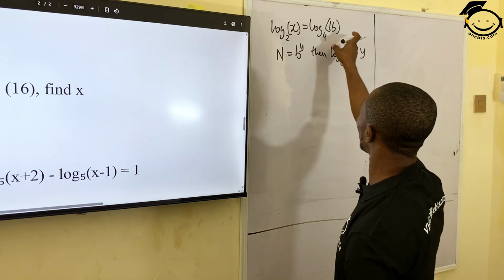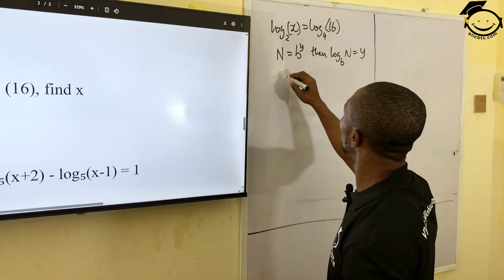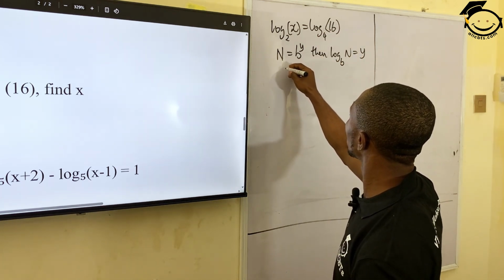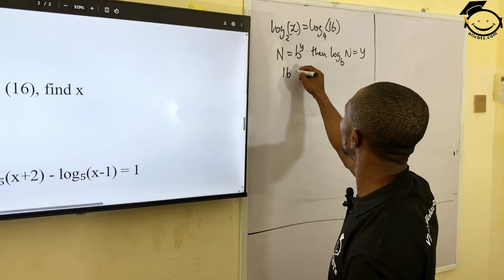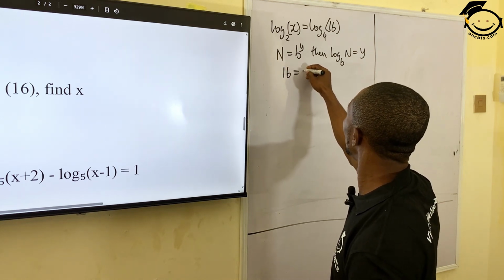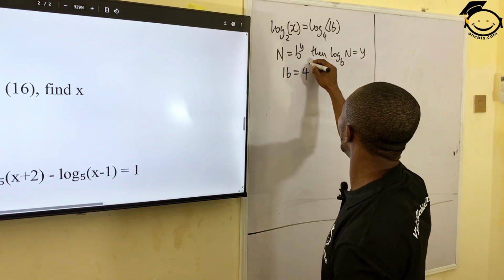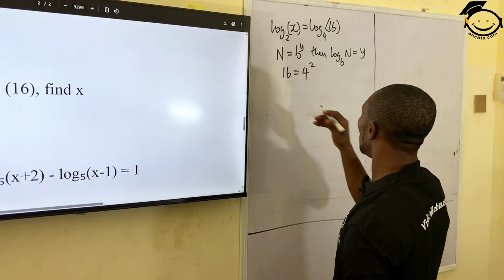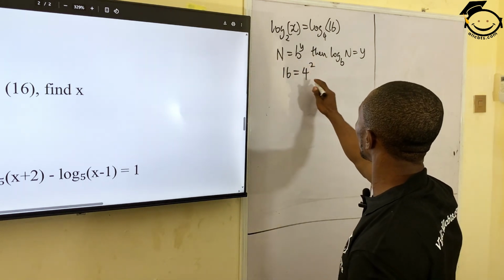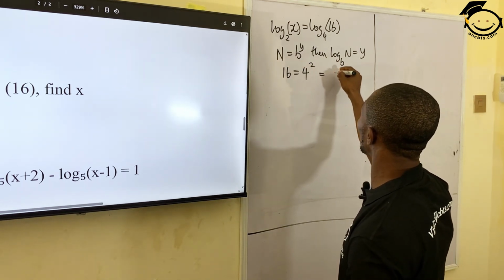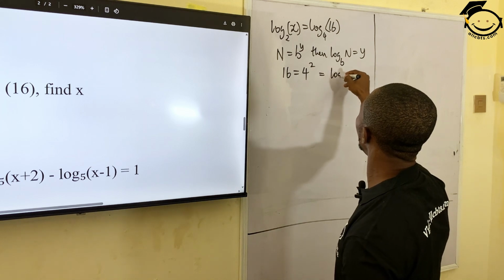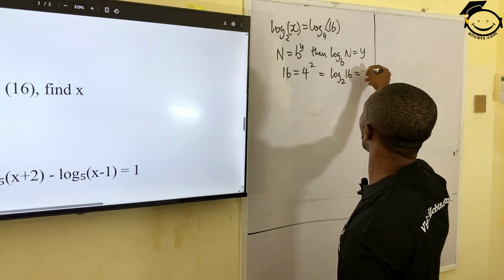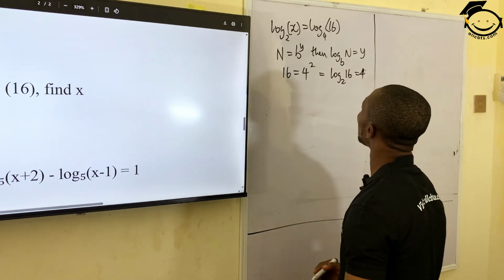So if we revert this in that form, 16 equals 4 raised to the power 2. In log form, this becomes log_2 16 equals 4.